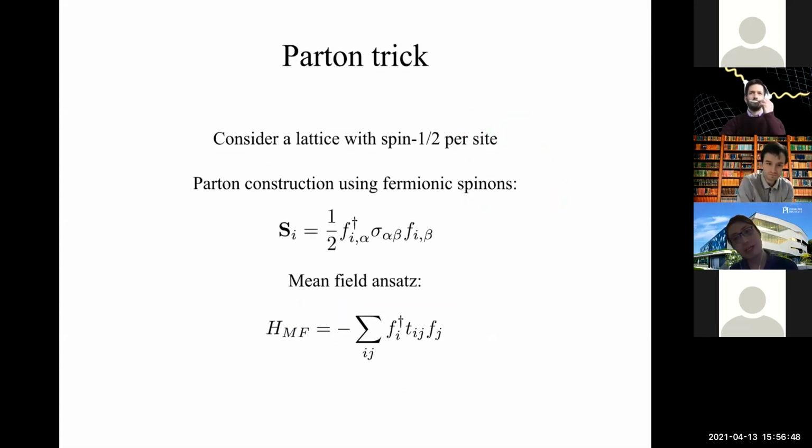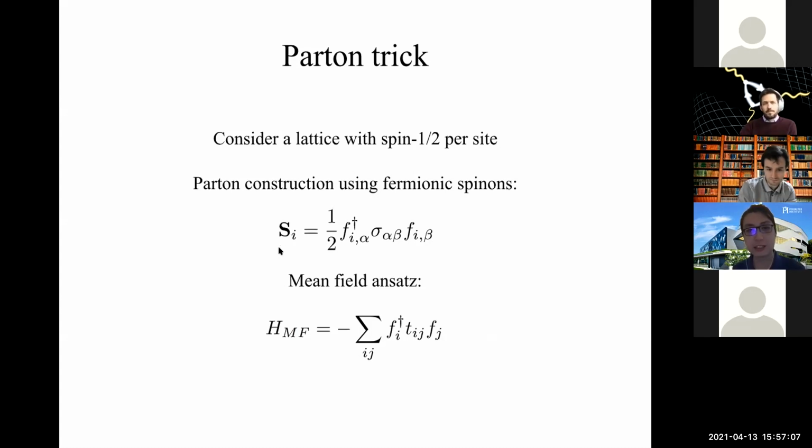So one way people established over the past several decades to try to overcome this shortage is to consider doing mean field theory, but in a funnier basis. So this is something known as the parton trick in condensed matter physics. The idea is very simple.